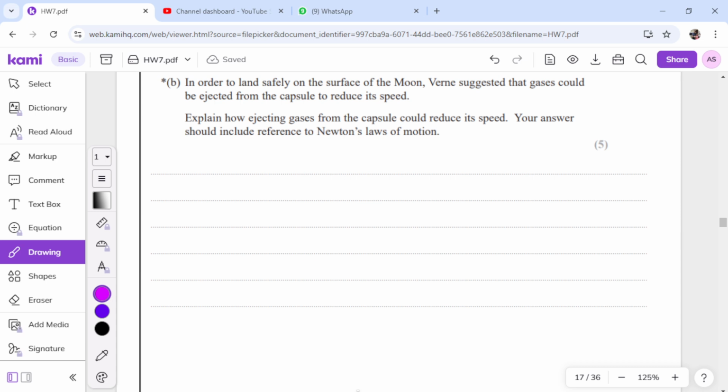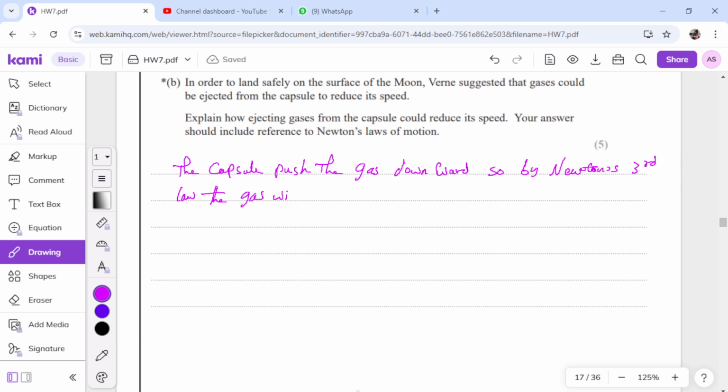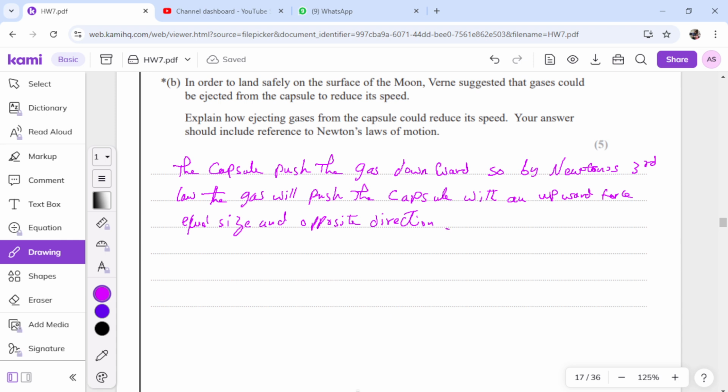So first, the capsule pushes the gas downward, so by Newton's third law, the gas will push the capsule with an upward force equal in size and opposite in direction. Okay, now we have finished Newton's third law.